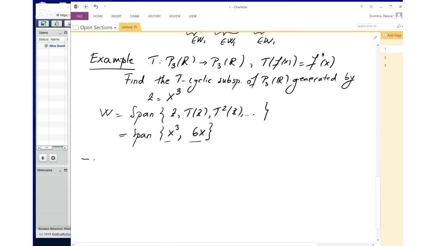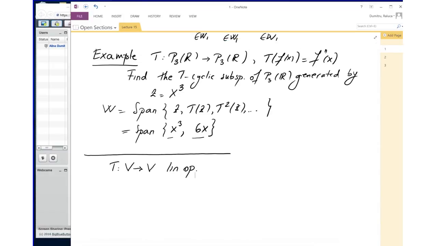Okay, so now a nice thing about this W is that if T is a linear operator, so a linear transformation from V to V, and W, well, actually, it doesn't have to be the T cyclic subspace. It's just a T invariant subspace. Then I can look at the restriction of T to W. So what does this mean?